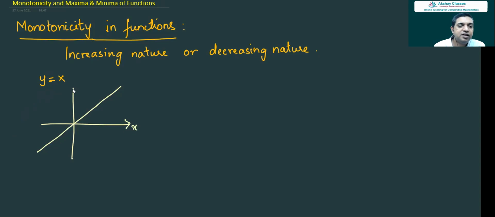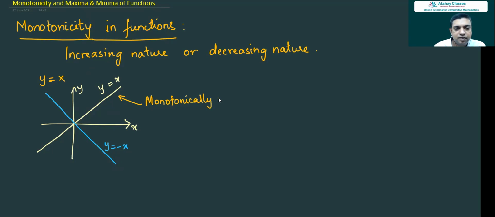Y equal to x is a monotonically increasing function. All right, it increases. Whereas y equal to minus x is a monotonically decreasing function. Simplest of examples. Monotonically increasing function, and this is a monotonically decreasing function.